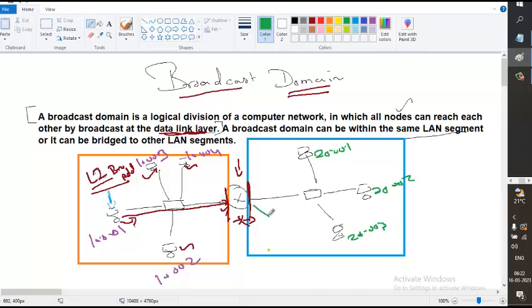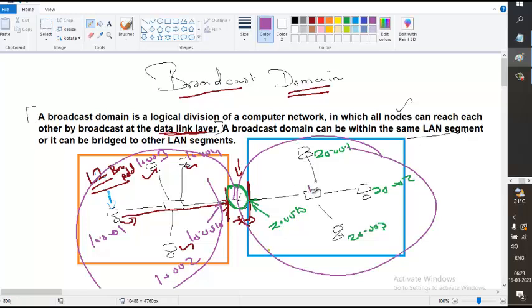And this is how we draw a router. This port is connected to 20.0.0.10, and here 10.0.0.10. You see, these are all the 10 network. This is all the 20 network.